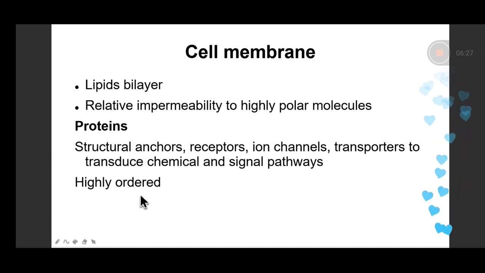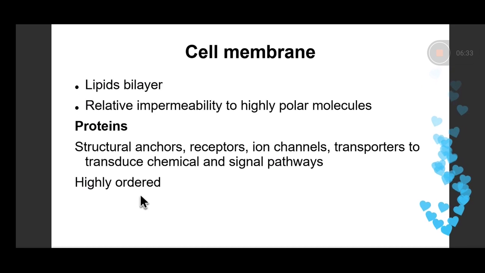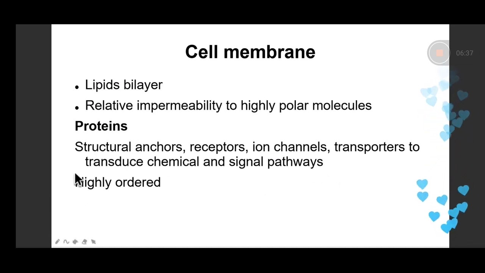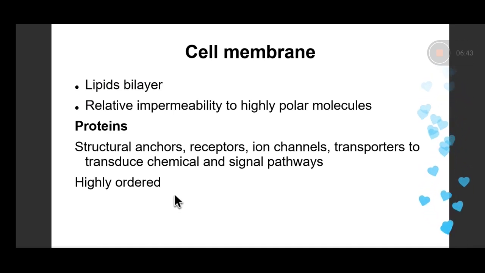These proteins are highly ordered, and they are subject to inhibition. So you have drugs which can act on any of these components, inhibiting that particular action. And you will see when we talk about pharmacodynamics and drug action, how many drugs act by inhibiting or binding to one or more of these proteins.